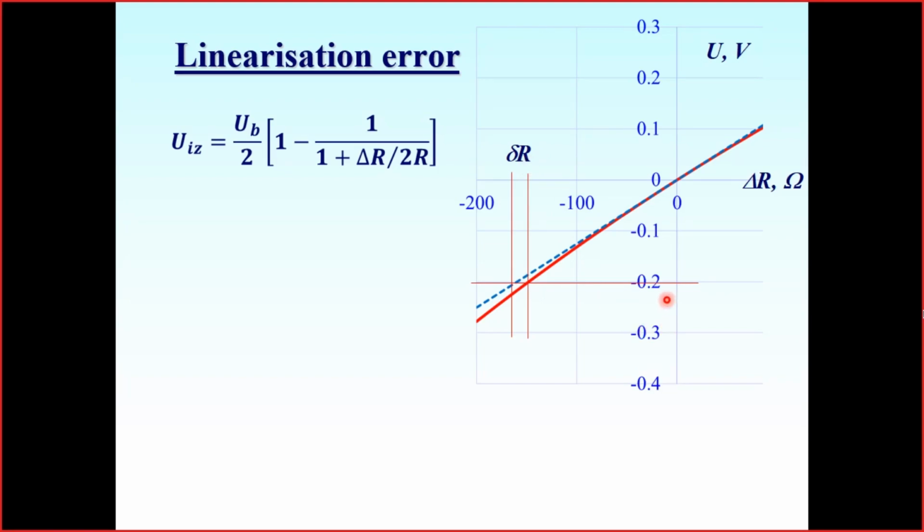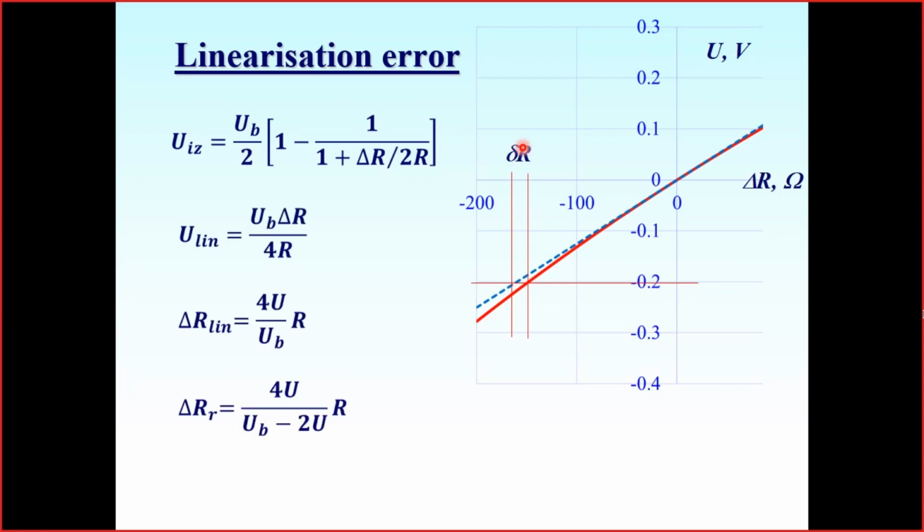But if we use the nominal line, the linearized line, we read out this value of the resistance. So this is obviously the difference between the measured value of the resistance and the actual value. How did I get the measured value? I took my output measurement of the bridge voltage and recalculated it to resistance using the nominal line.